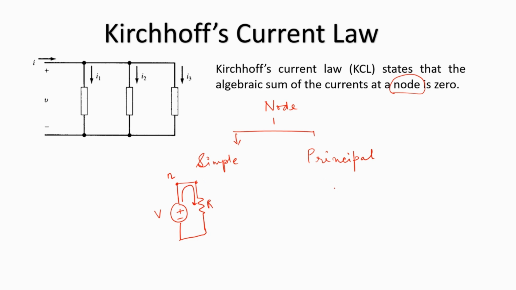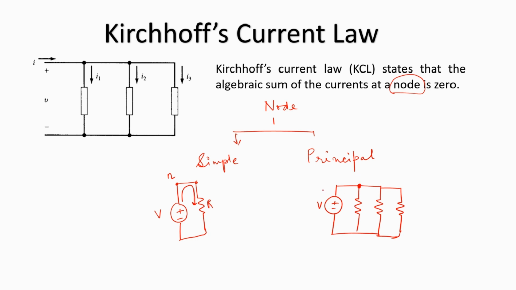Now, what is a principal node? If there are three or more elements connected to a particular node, then that becomes a principal node. For example, if I have a voltage source with a resistor and another resistor over here, and so on, then this particular node is called a principal node.